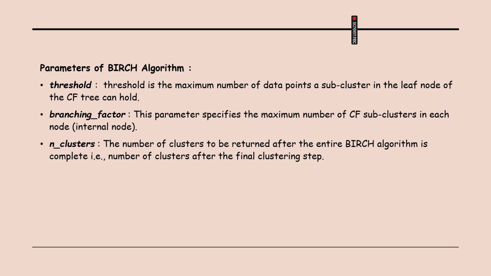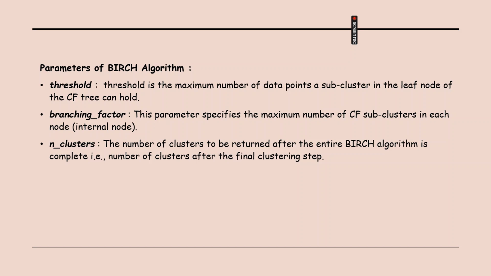Next, the branching factor. Branching factor is a parameter which specifies the maximum number of CF subclusters in each node. Only this number of subclusters should be available for this internal node. That is what we specify by the branching factor. And n clusters: we are telling that after completing the entire BIRCH algorithm, the number of clusters in the output should be this number.